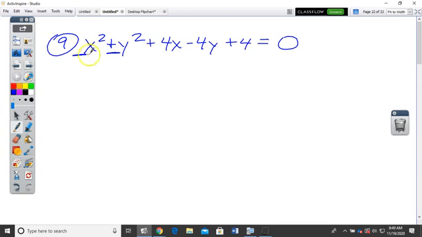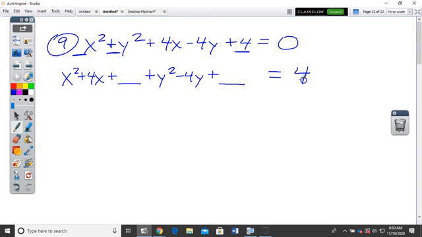So I'm going to get my x's together, x squared plus 4x, and I'm going to add my little blank, and I'm going to get my y's together, okay? Add my little blank, and what do I do with the negative 4? Where does it go? Other side. Move it over, so it's going to become negative 4 on the other side of the equation.